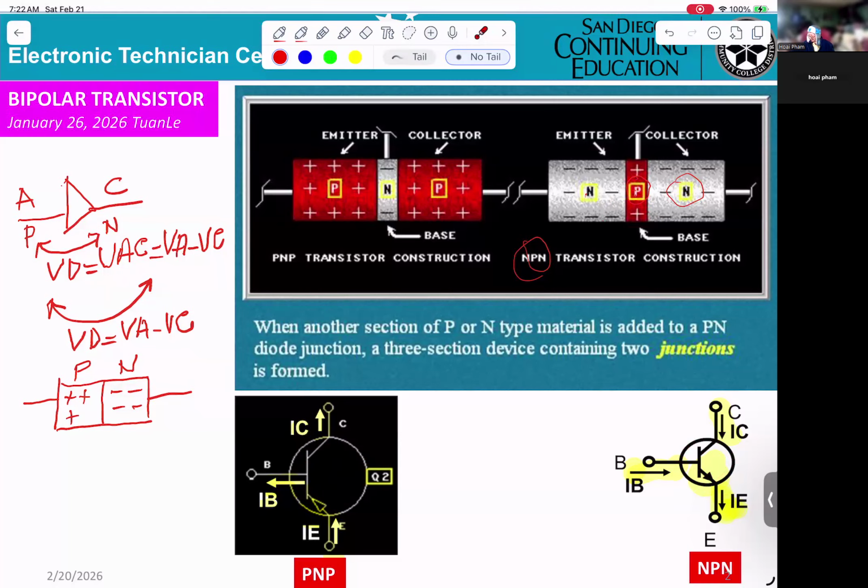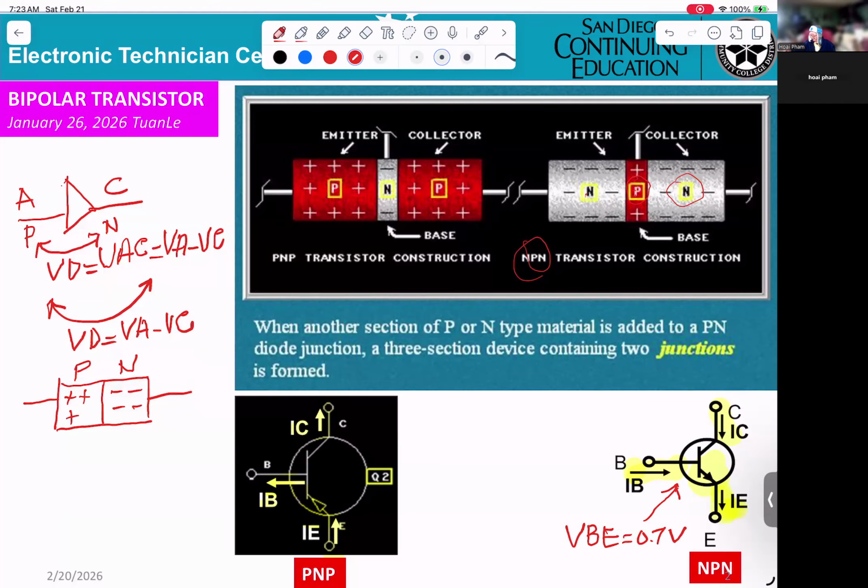So when the voltage VB is higher than 0.7 volt, you can see right here at this point, VBE is just a diode, so it will be equal to 0.7 volt.